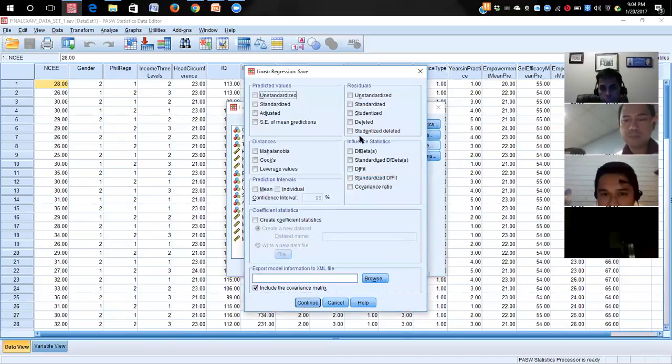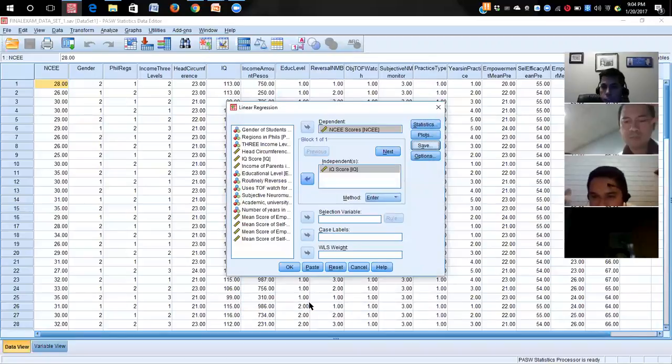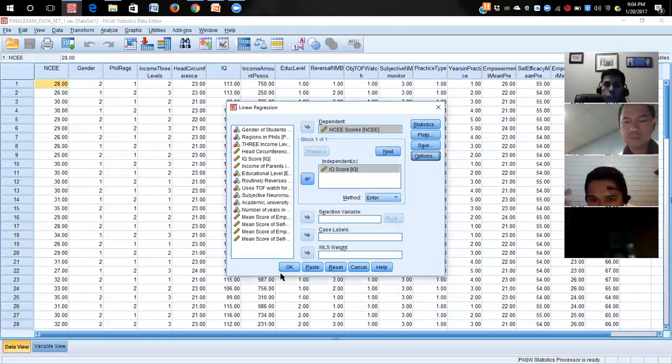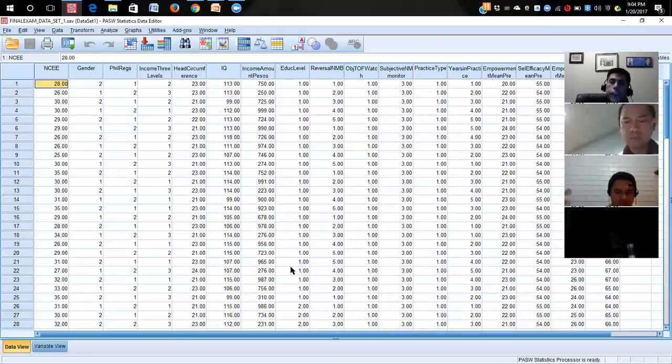We don't need to do all these fancy residuals, unstandardized or studentized or deleted. We just continue. And if we press this, we already got 0.05 for our F statistics, and that's a default. We don't need to change that as well. And we just press OK.